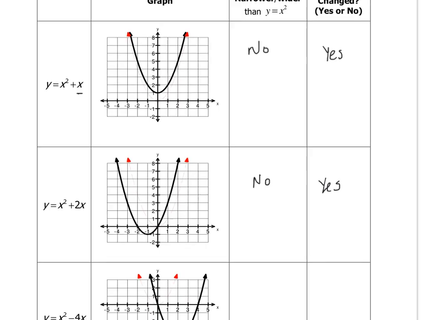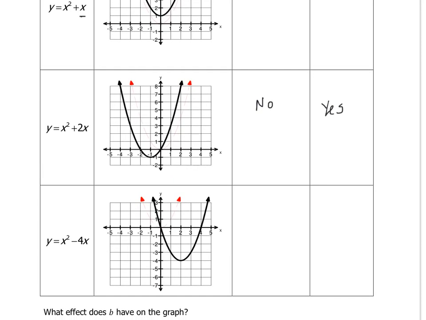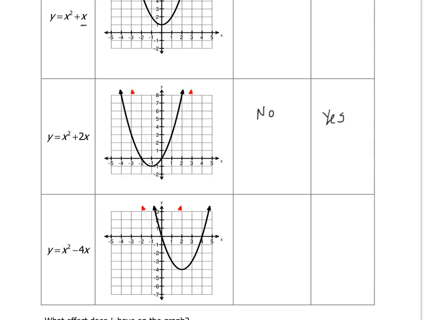And the last one, looking at a negative value of B this time, y equals x squared minus 4x in black. You can't see the full graph there, but if you were to extend the red one to make the arms as long as the black one, again there isn't a difference in the width, but there is a difference in where the vertex is.